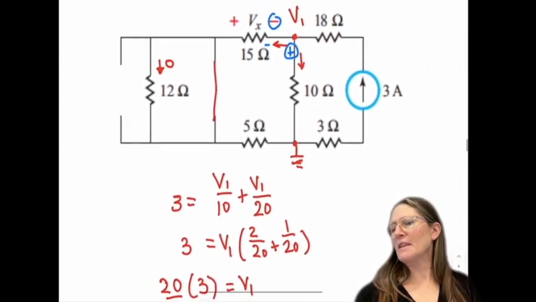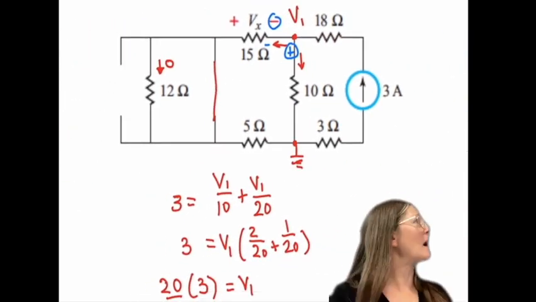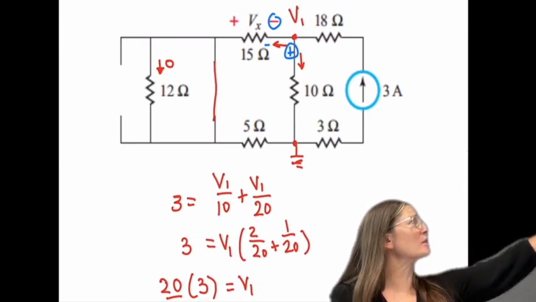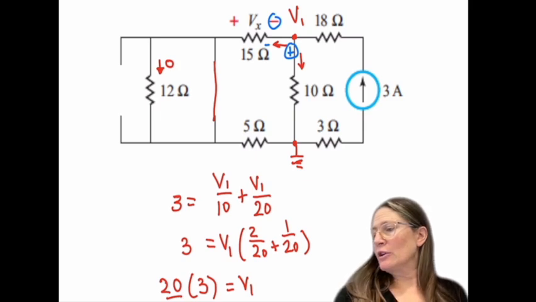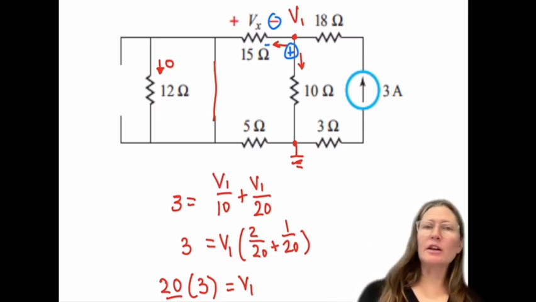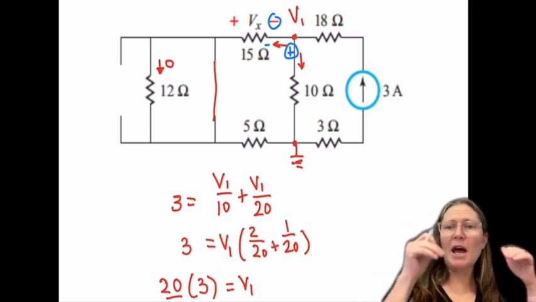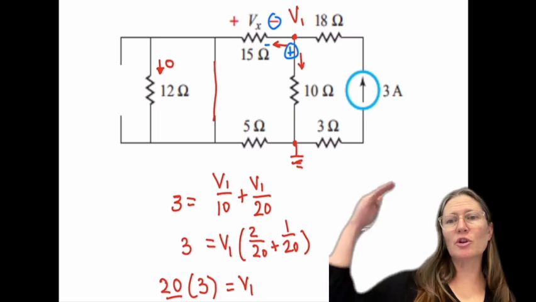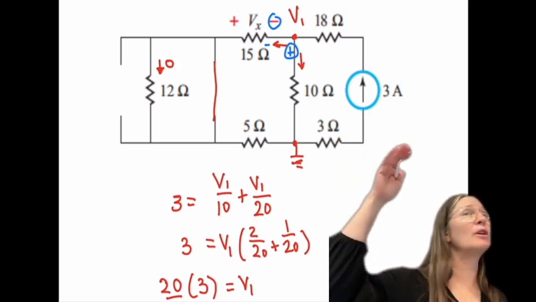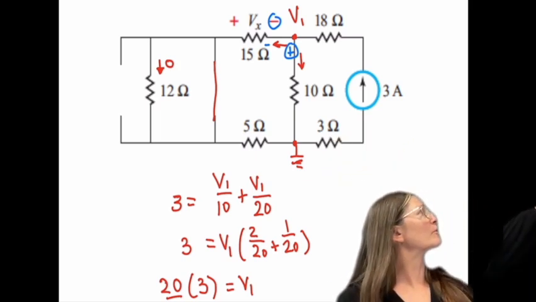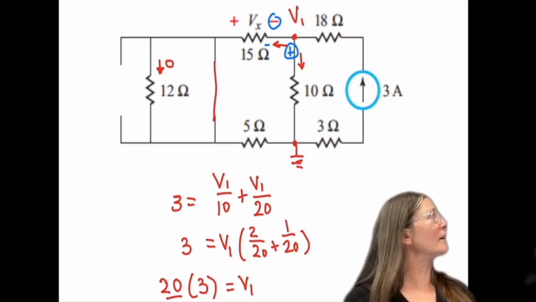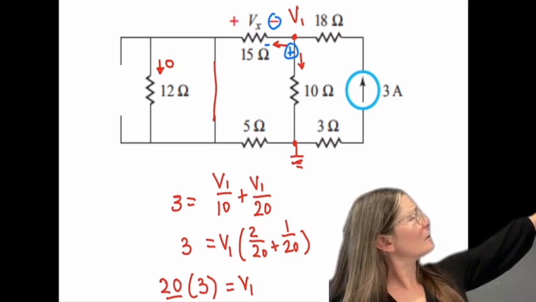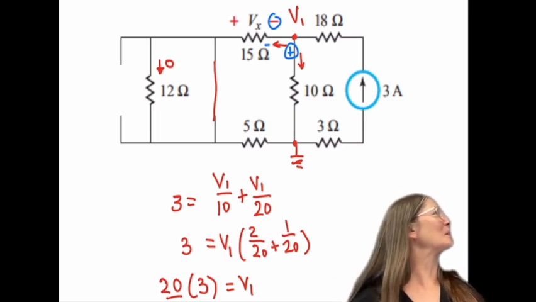Okay. For this one, you have the 2 sources off and the 3 amps on. So with that, you have 3 paths, and I chose V1 as the top node, and then you do node voltage from that. In the left branch, or the left pathway, it will be V1 over 15 plus 5, so 20, V1 over 20.